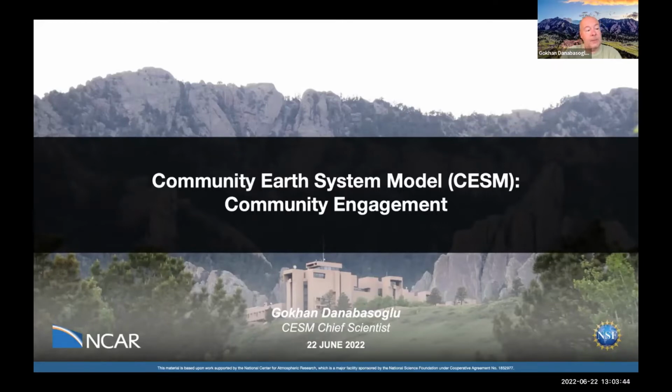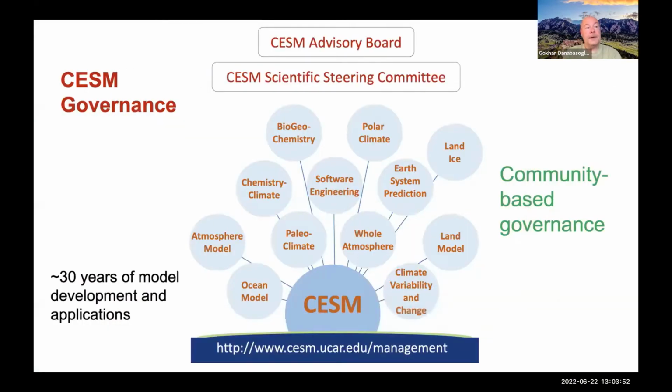So right from the beginning, I should mention that involving community is quite a bit of effort. And we have several aspects. I thought that I would start with the governance aspect of the Community Earth System Model.